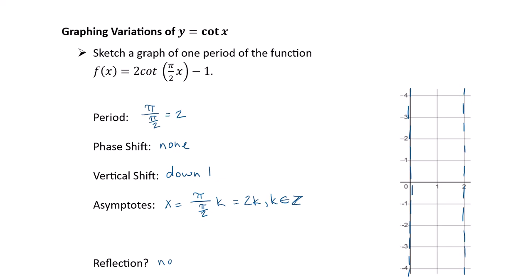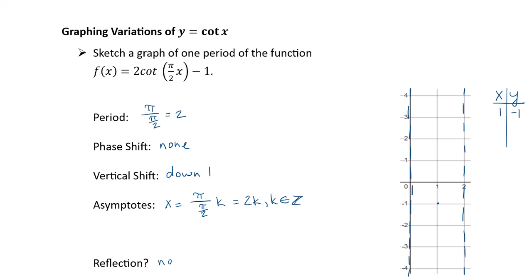Okay. Now let's go ahead and get a few points established here. Normally we would have a point right here and our graph would come through, something like that. But we have this vertical shift down 1. So we have a point of 1, negative 1.